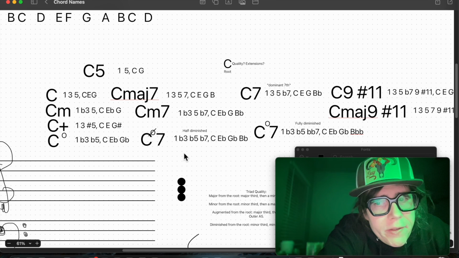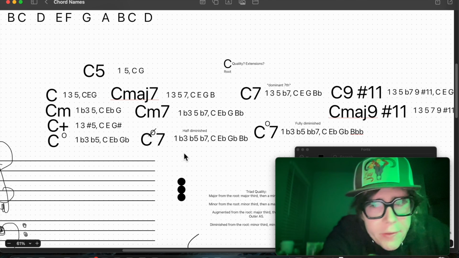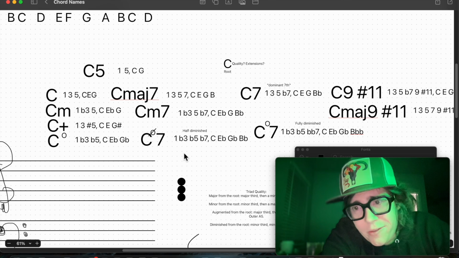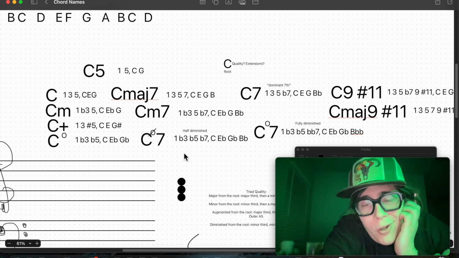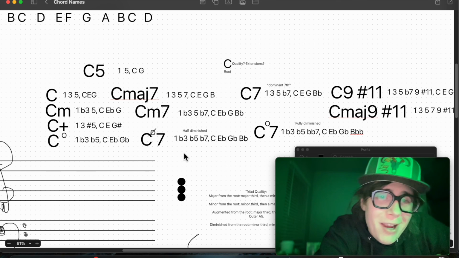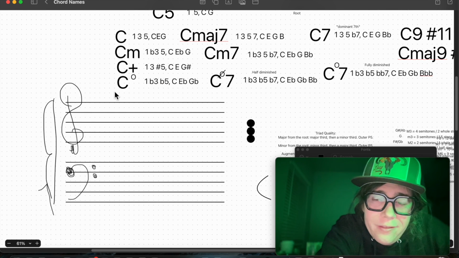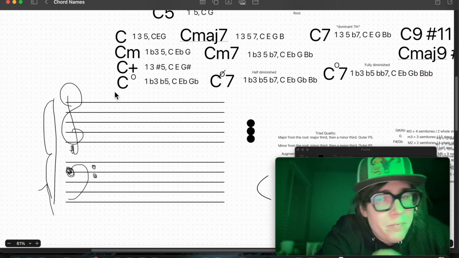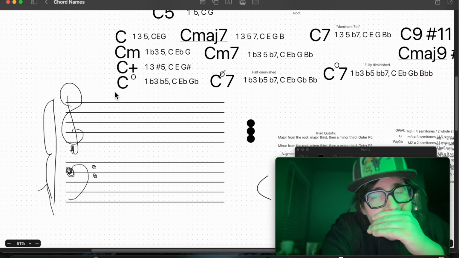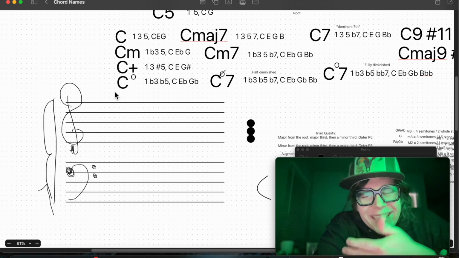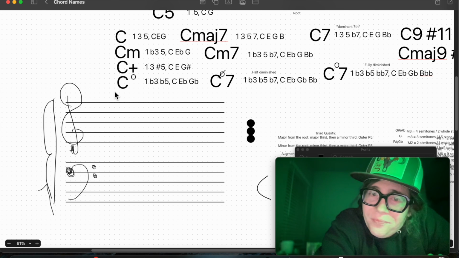But of course, it doesn't tell you, like this tutorial has not told you when to use these chords, or rhythm, or even voicing, which is how you would lay the notes out on a staff. This is just to input the chords over the staff.